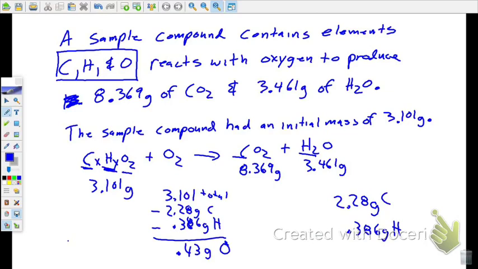These compounds, carbons and hydrogens, most of the time you're going to have a lot of hydrogens and a lot of carbons, and the oxygen is the one you're not going to have as much of. So oxygen is usually going to be the one with the lowest number of moles that you will divide into the carbon and hydrogen. Because when we look at these compounds, they are longer chains of carbons hooked together.